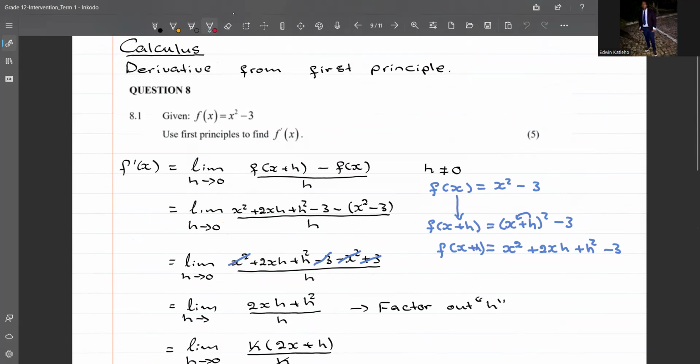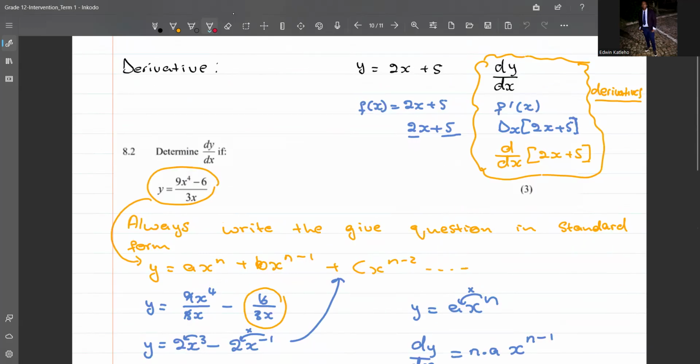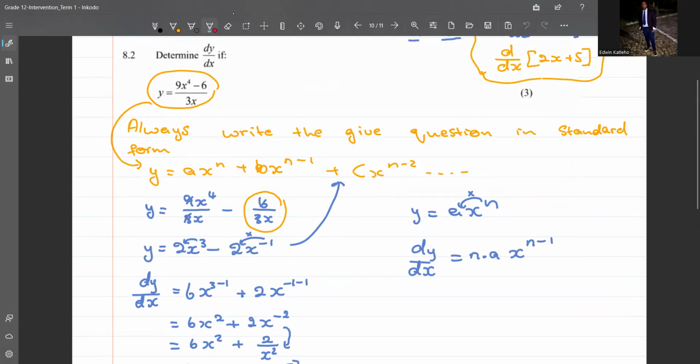The second type of questions is finding derivatives using different notations based on the type of questions provided. Remember, the key part of using the short method is ensuring that your expression or your equation is written in a standard form first. And once that is done, you are able to actually derive.